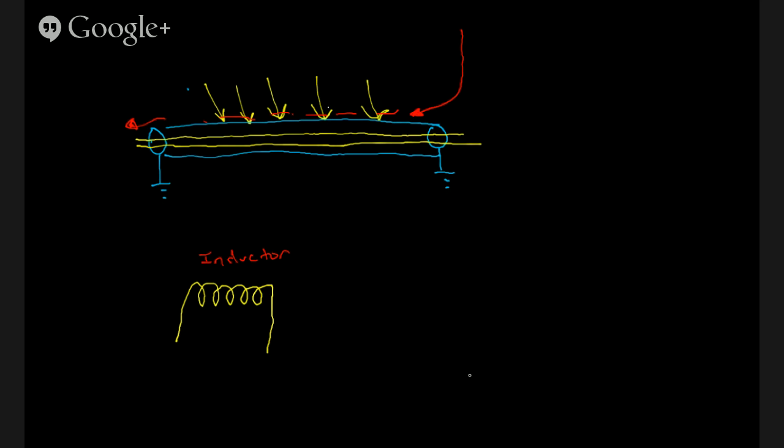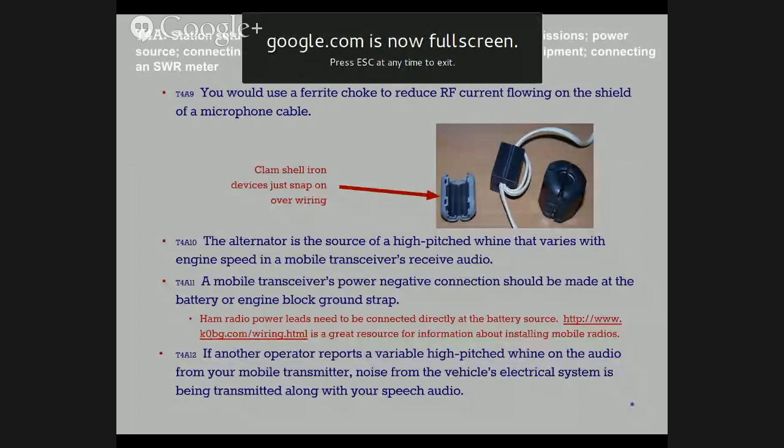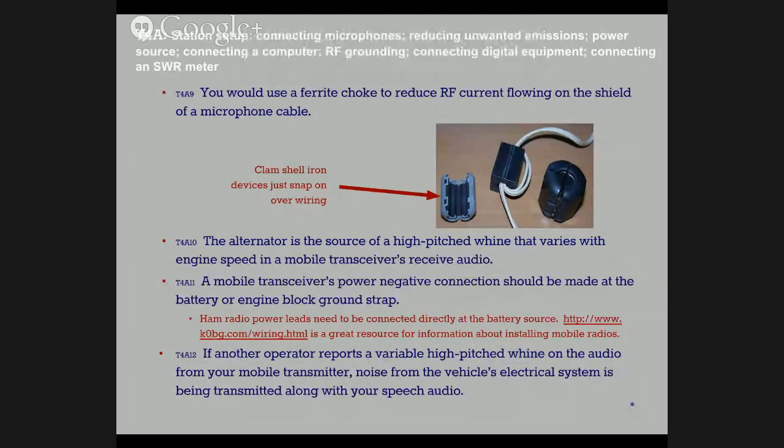So we can make an inductor out of the shield of this cable with a ferrite snap-on core. Got a picture of it here. So here we've got it wound through a microphone cable, and that will choke off the RF, keep it from getting into the more sensitive circuitry.